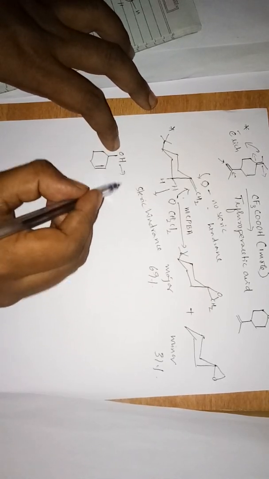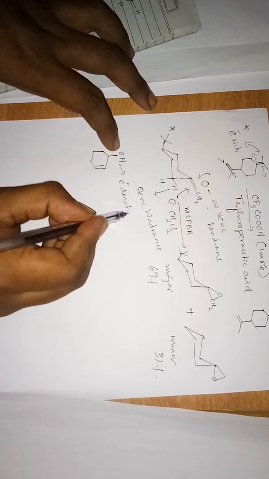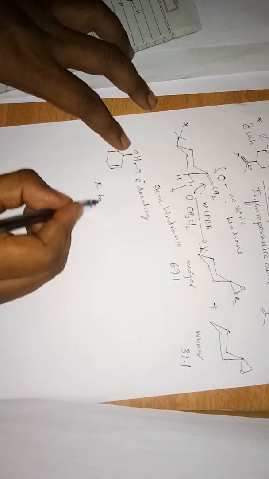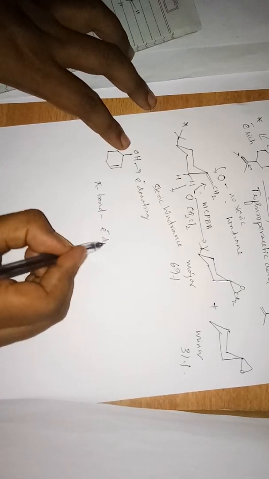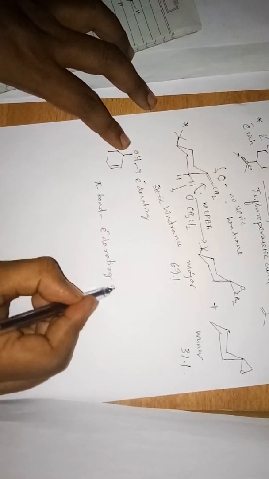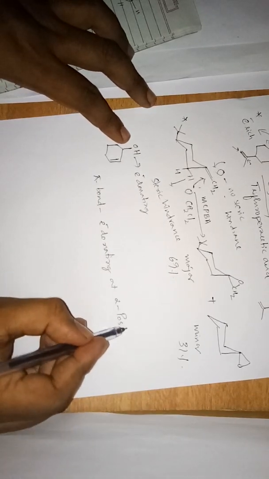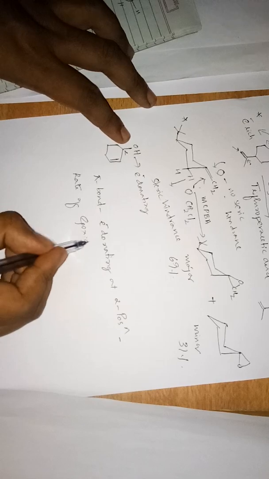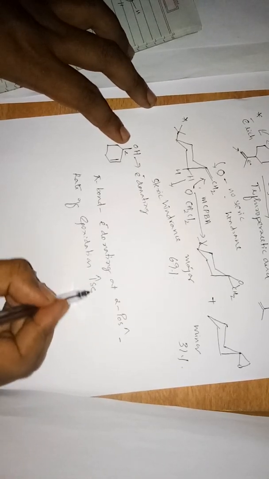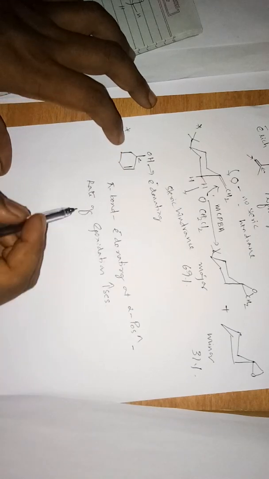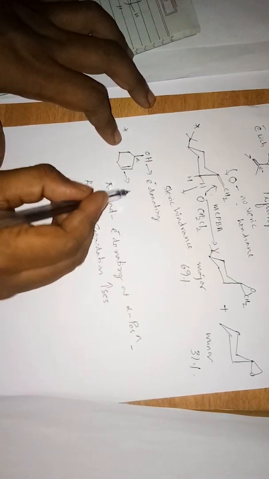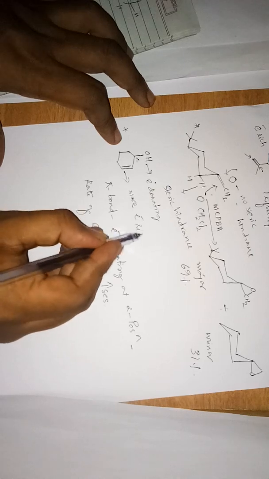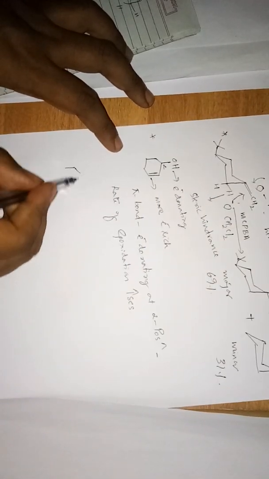In the presence of the OH group, which is an electron donating group, if the pi bond contains any electron donating group at the alpha position, then the rate of oxidation increases. Why? Because the pi bond gets more electron density, so it becomes more electron rich. So we can carry out the epoxidation.